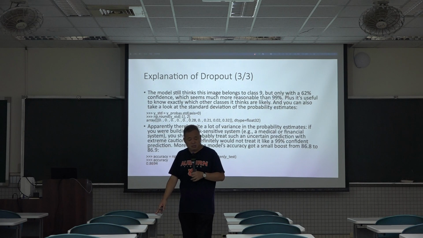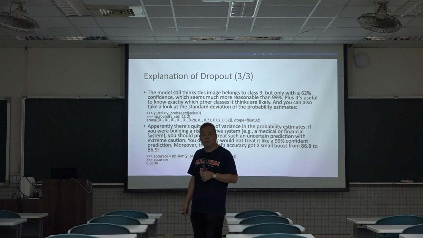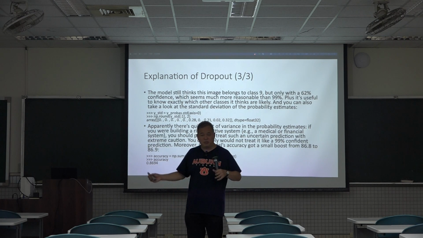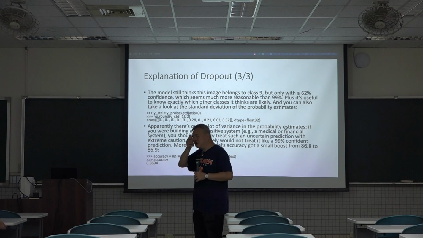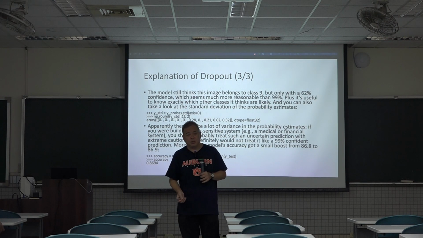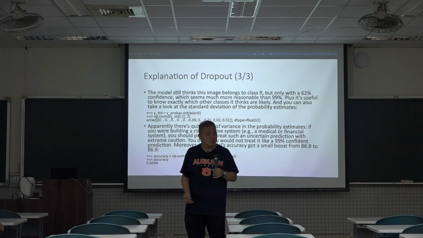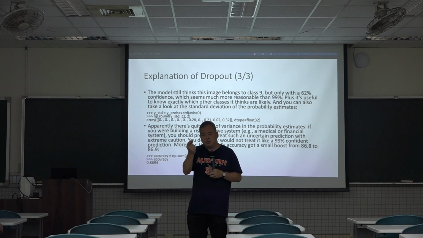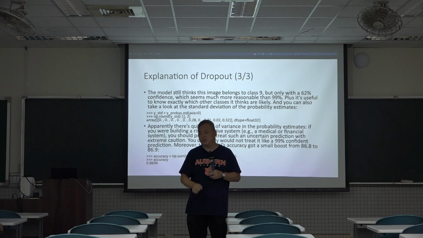If a decision is wrong, in a medical system, maybe a lot of people's lives will be spared or wasted. Or in a financial system, if a decision is wrong, you may lose millions of dollars. So it is very important to make sure how certain the decision is.